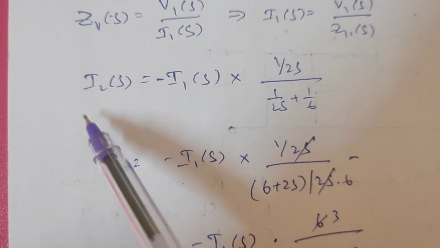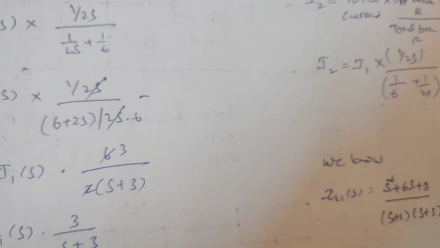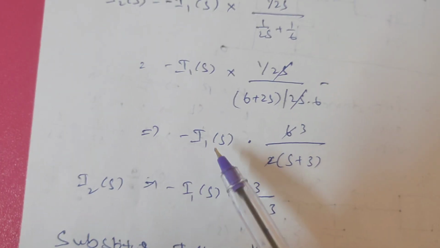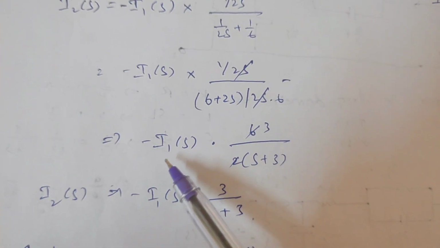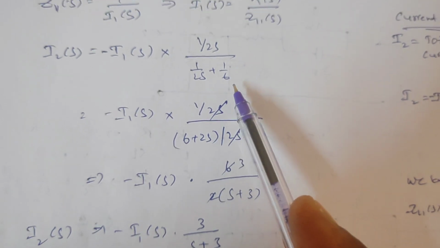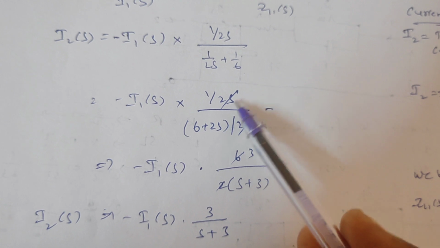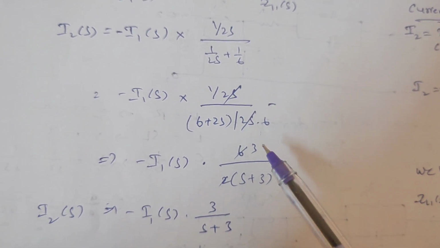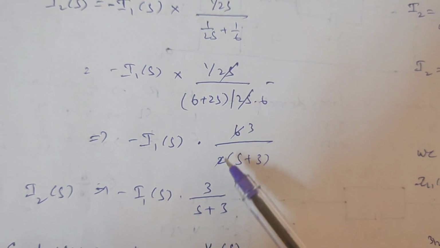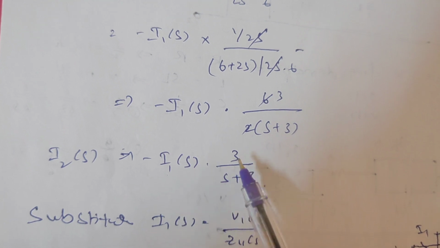So I2 of s is equal to minus of I1 of s into 1 by 2s by, upon taking the LCM, 6 plus 2s by 2s into 6. 2s will get cancelled here, so we are getting a numerator as 6 by 2 of s plus 3. Here 2 1s are 2, 2 3s are 6. So I2 of s is equal to minus of I1 of s into 3 by s plus 3.